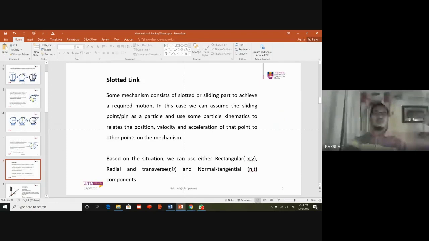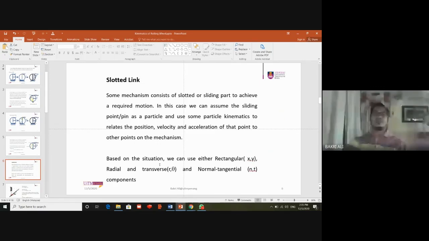So that's why you can see the slotted link question sometimes exists in question 1 and sometimes in question 3, because they are almost similar.